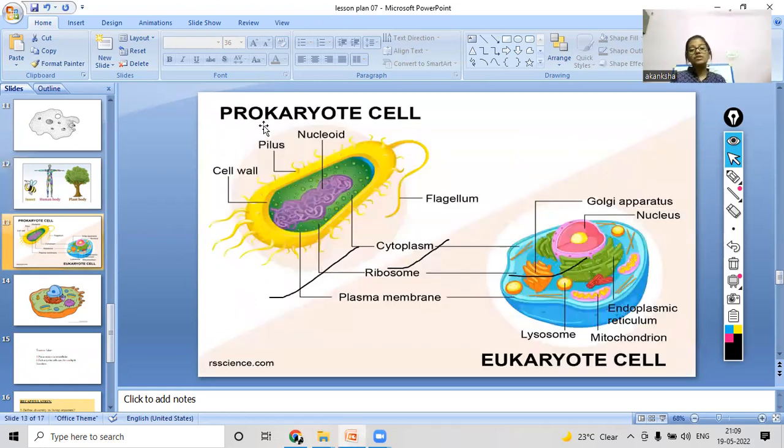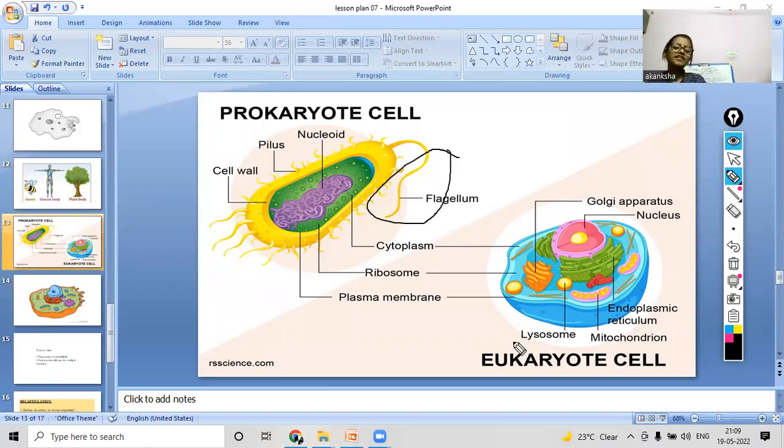Okay, so yes, there are two types of cells in front of you. First is the prokaryotic cell and second is the eukaryotic cell. So what are the differences between the two cells that you can see? Like here, the prokaryotic cell has a flagella, but I cannot see a flagella here, right? And what else?